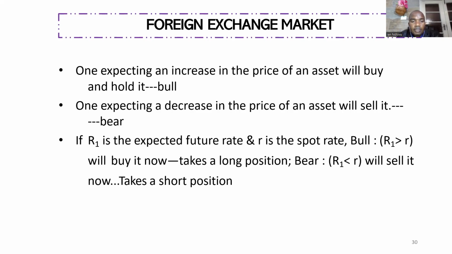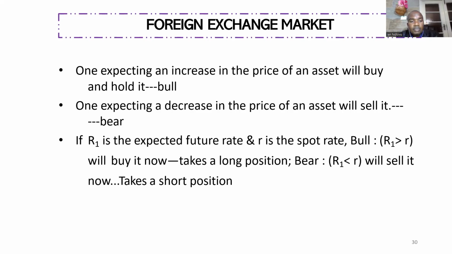The idea of buying and holding, if one is a bull, is to buy something at a lower price. And then the market experiences a bull run, and then you sell at a higher price to make profits which are equivalent to the price differential multiplied by the volume of the asset that you are actually holding.